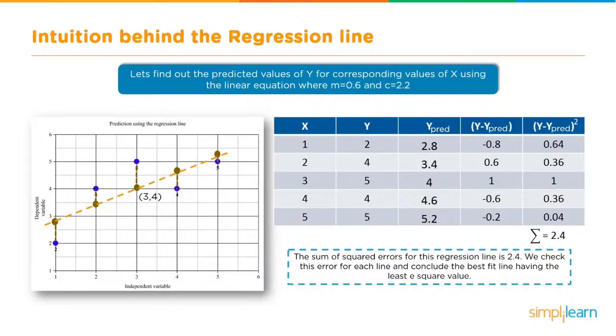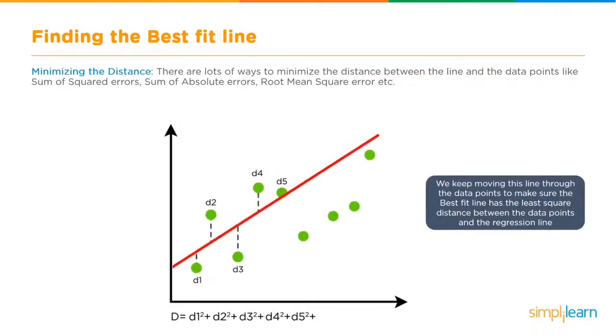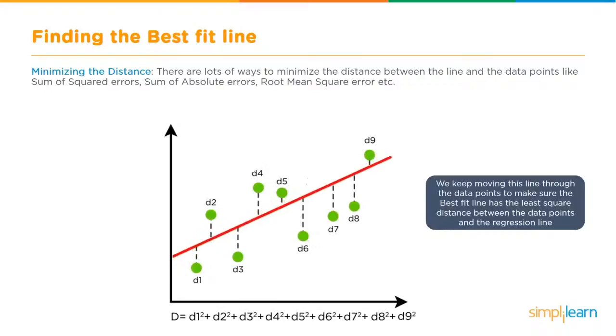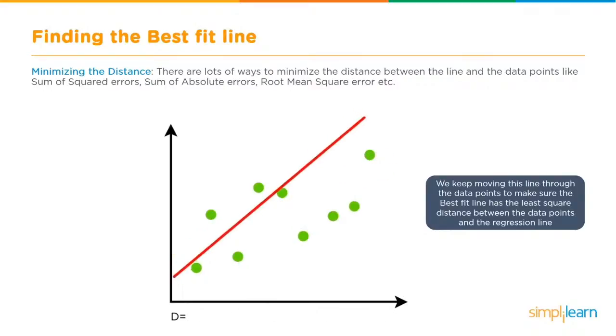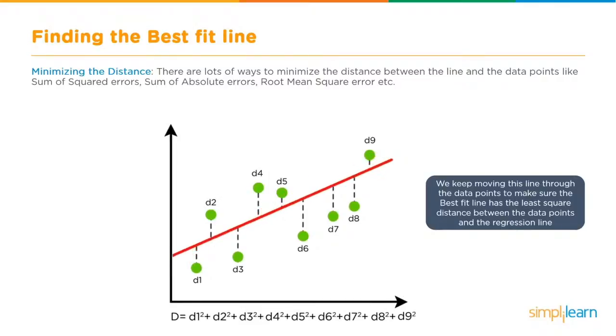So the sum of squared errors for this regression line is 2.4. We check this error for each line and conclude the best fit line has the least e square value. In a nice graphical representation, we can see where we keep moving this line through the data points to make sure the best fit line has the least square distance between the data points and the regression line.